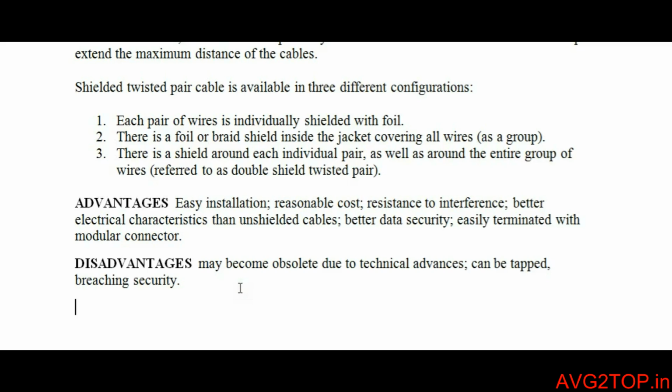It resists interference, has better security, and is easy to transmit with a modular connector. The disadvantage is that it is becoming obsolete due to technical advances, and it can also be easily tapped.